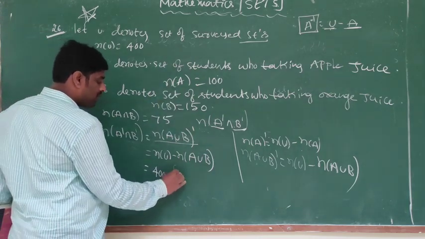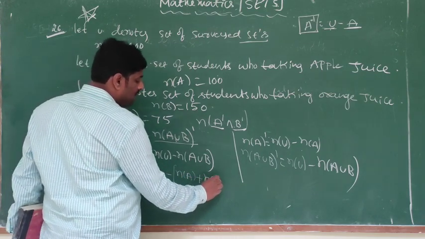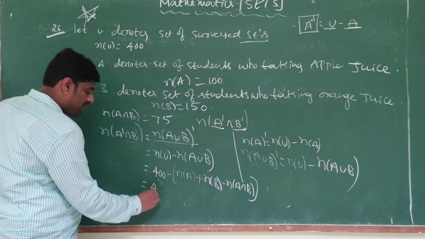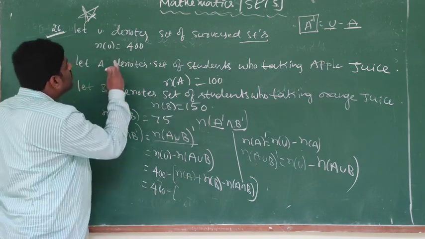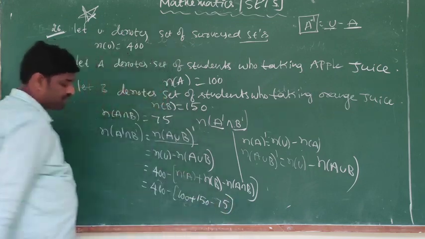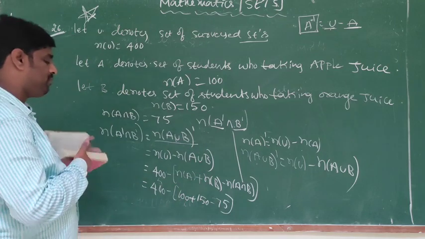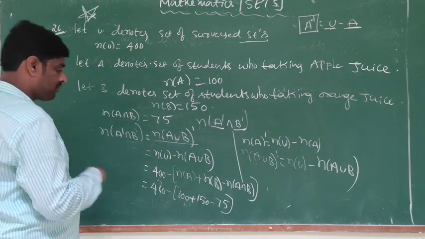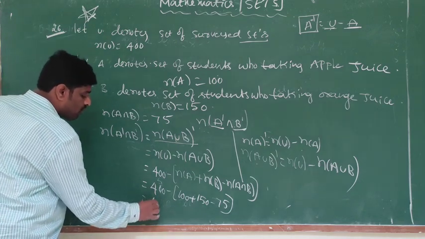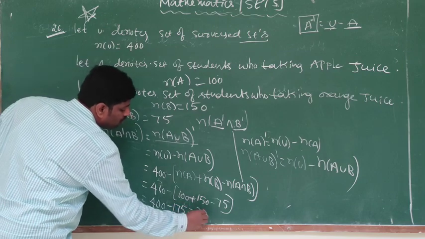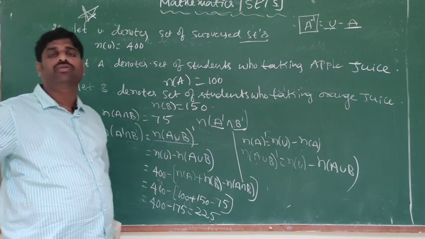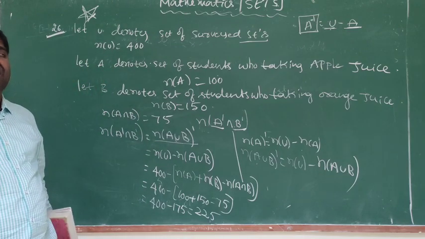We have to take the formula n of A plus n of B minus n of A intersection B. So 400 minus, 100 plus 150 minus 75. 150 plus 100 is 250, 250 minus 75 is 175. 400 minus 175 is 225. So 225 students were taking neither apple juice nor orange juice.